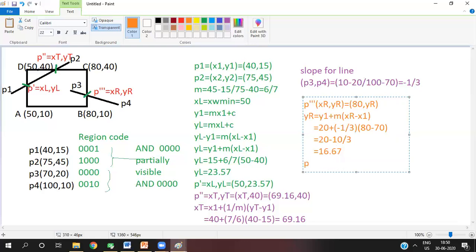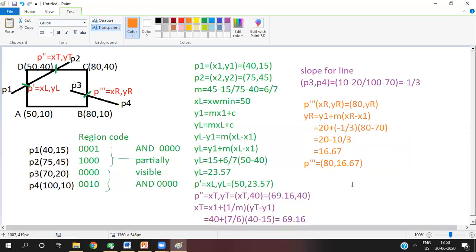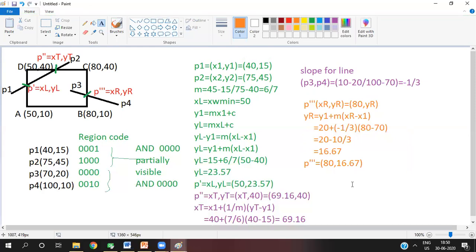So you got the value of YR: 80 comma 16.67. Yes, now what you have to do, draw the line from intersection point to either inside point or another intersection point.